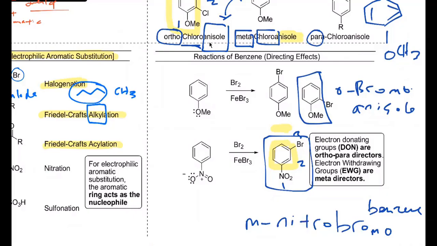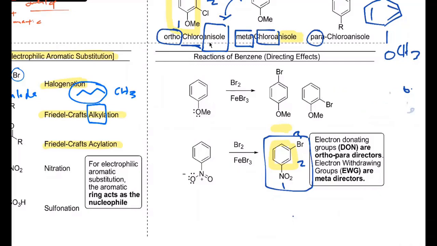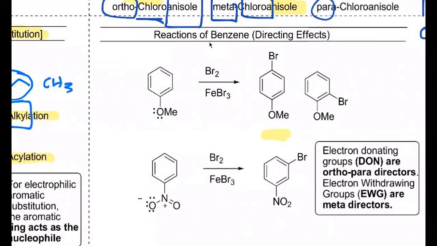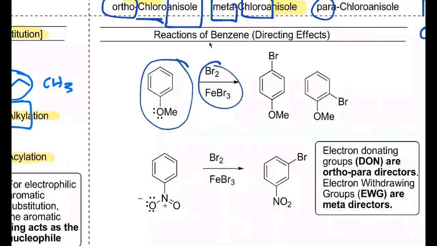All right. So now let's look at the reactions that are happening. Right. So in the top reaction, I'm starting with anisole, and then I'm going to add. I'm doing a halogenation on it. Right.